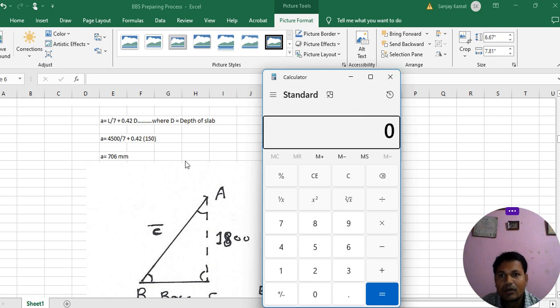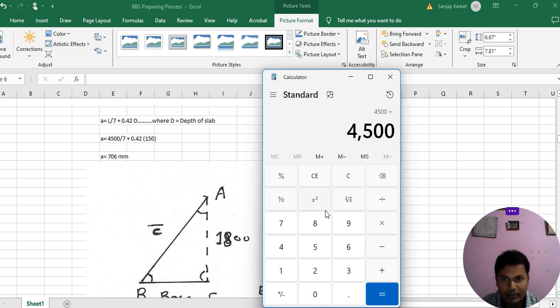Sorry, do it this way: 0.42 multiply 150, how much will it come? 63. Then 4500 divided by 7, if you do, how much is it coming? See, this much.